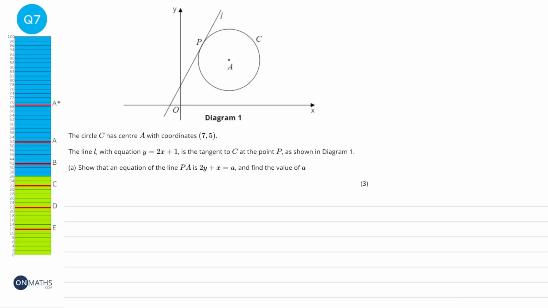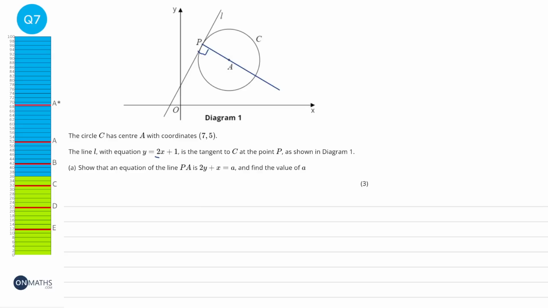In this question we're asked to find the equation of PA, which is this line here. Now you might notice that this line hits line L at 90 degrees, because that's one of the circle theorems, that a tangent will hit a circle at 90 degrees to the radius. So if we know the gradient of L, which we do because it's just 2, we can work out the gradient of PA, because the gradients multiply together to make -1.